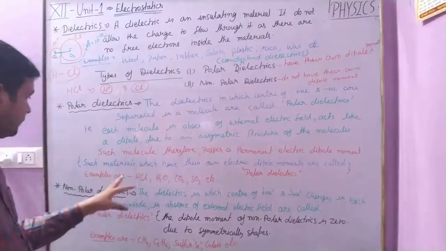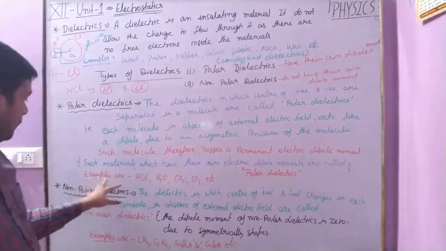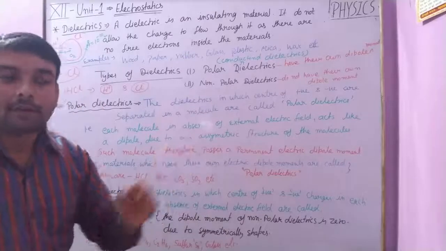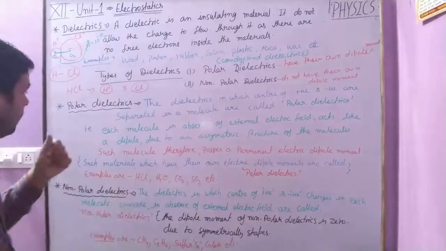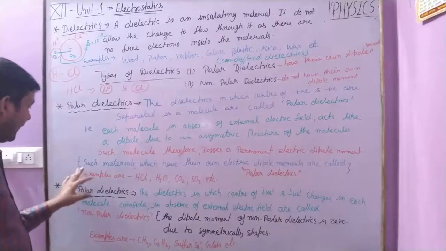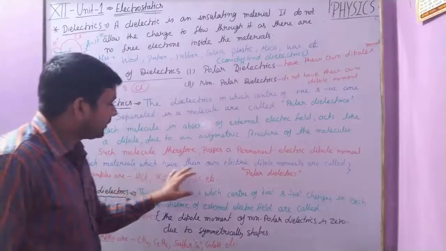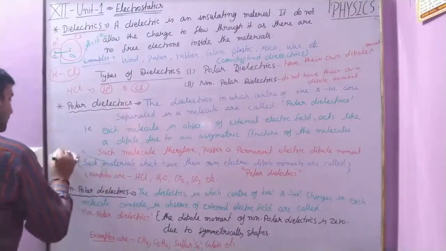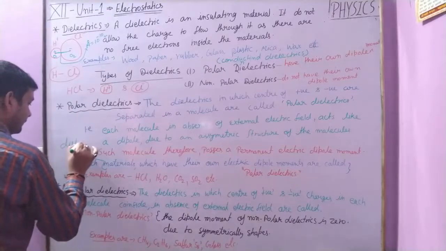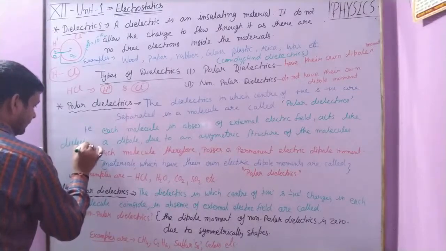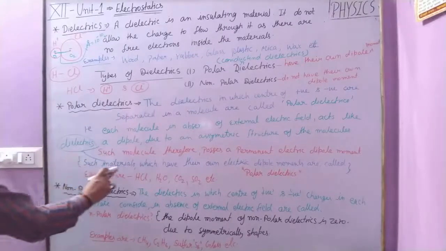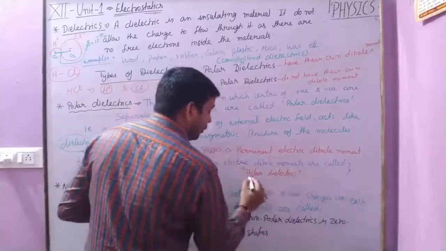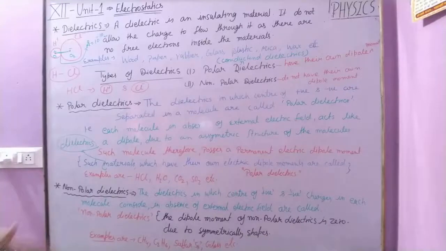Similarly, we have further examples like H2O, carbon dioxide, sulfur dioxide, NaCl, KCl, etc. Such dielectrics which have their own electric dipole moments are called polar dielectrics. This is about the polar dielectric.